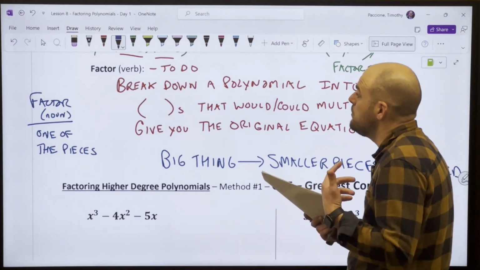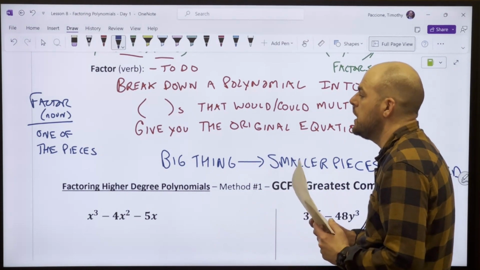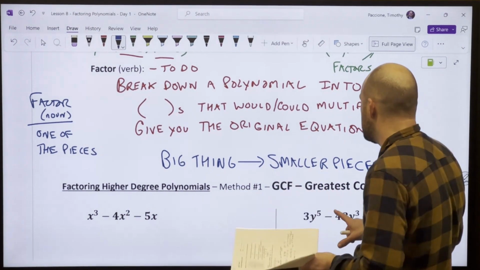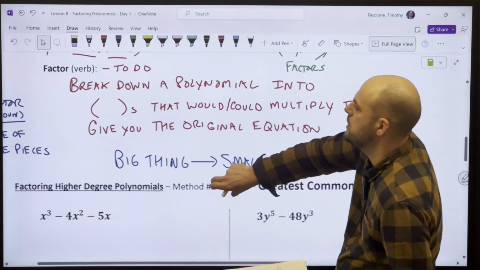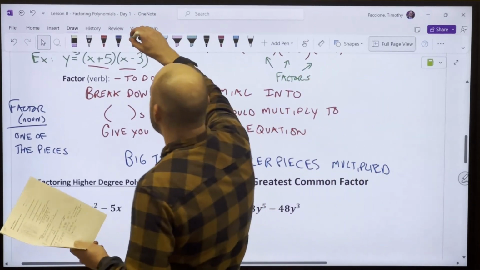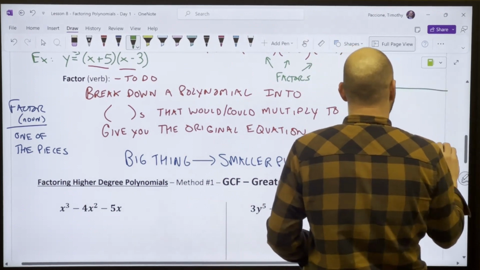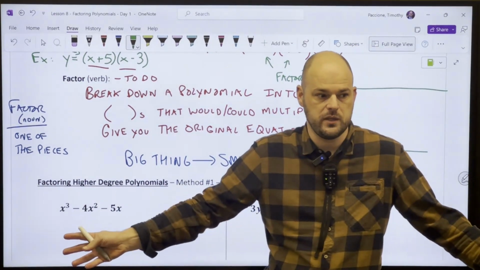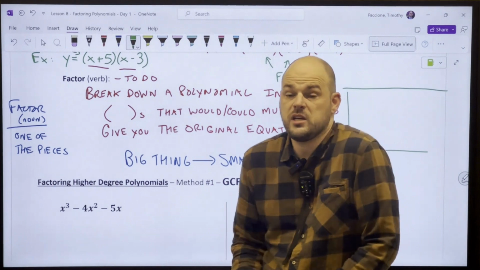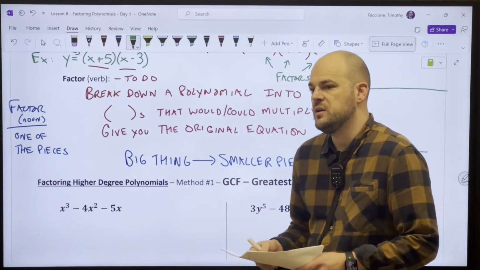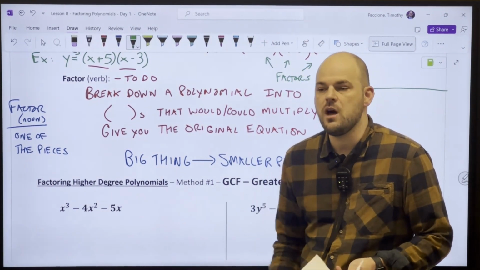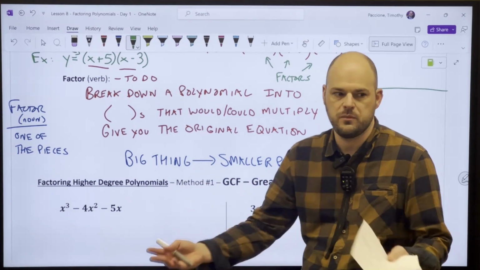Now, to factor is not the same as to solve, right? And that's an area that we get confused about. In fact, on your last quiz, a lot of people, I asked you to factor, and you went all the way to solving. Sometimes you got to factor in order to solve, but solving is another step altogether. Solving means to find a solution that makes something true.